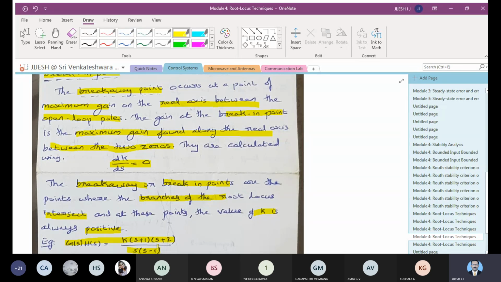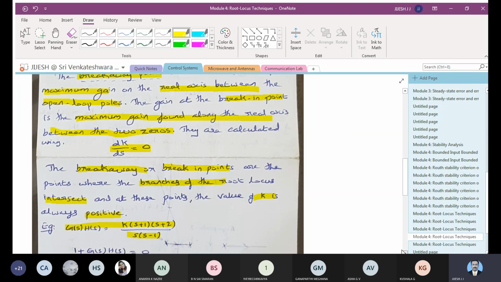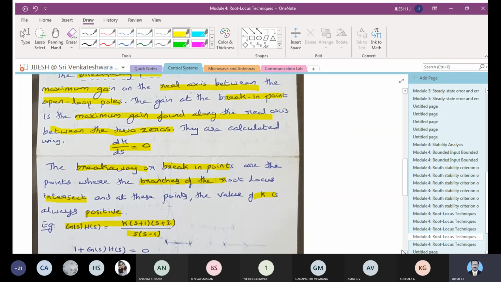You can make a note of all these things, and then we will take this example and try to discuss those things, where g of s h of s is equal to k (s plus 1)(s plus 2) divided by s (s minus 1).